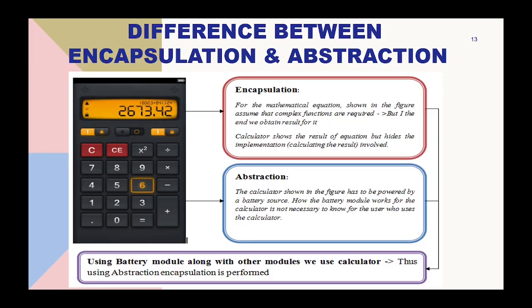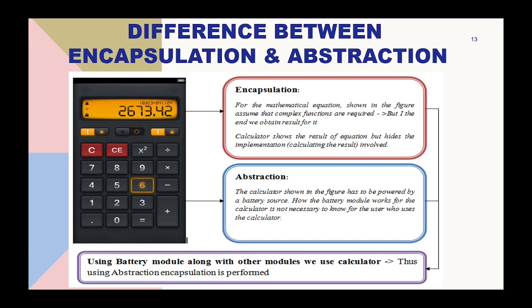Now, many people get confused between abstraction and encapsulation because they both are being used for data hiding. So, what is the main difference between both? I could say encapsulation is more secure and more powerful than abstraction. In this example, as we can see, abstraction is being used for the calculator, in which you can see the body, you can click the buttons, you can see the battery is working, but how the battery is working and how the internal connections are working in this calculator cannot be seen.